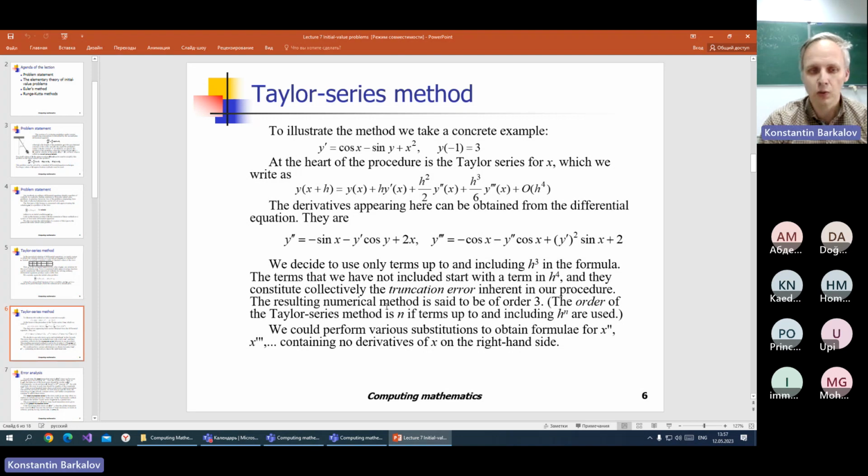It means the order of the Taylor series is n if terms up to and including h to the power n are used in this formula. We can perform various substitutions to obtain formulas for the second derivative, third derivative, and so on.